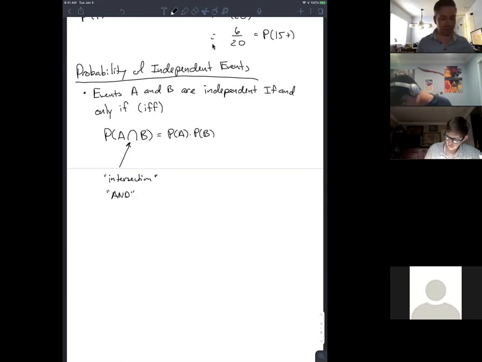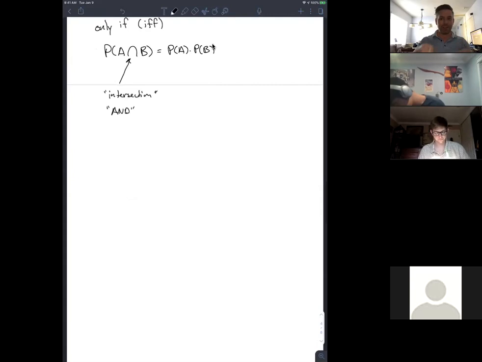So if we have 3 rolls of a die, and we want to know the probability that we get 15 or higher on each of them, then each roll of the die is an event. Each of those events is independent, and hence the probability of getting 15 or higher on all 3 is just the product of those 3 probabilities. We already said that for one die, the probability to get 15 plus was 6 out of 20.